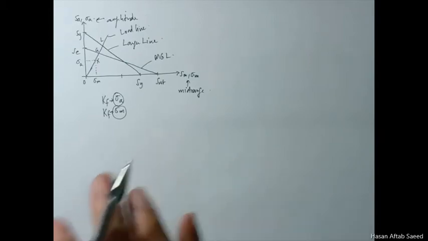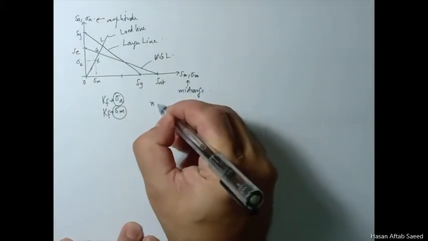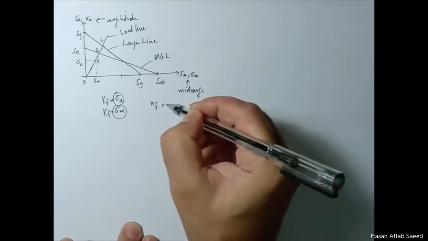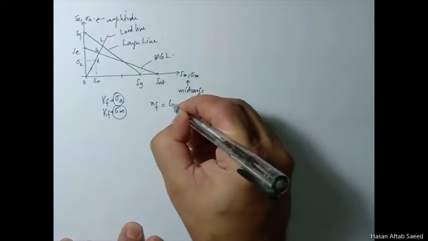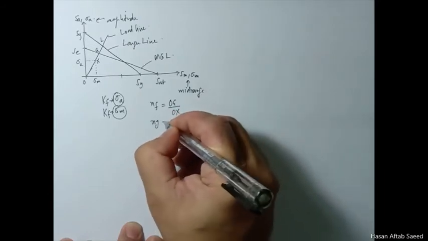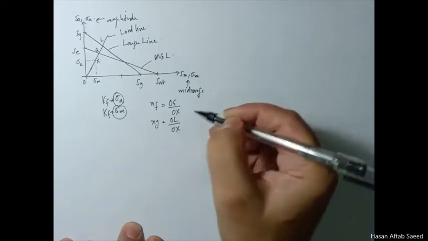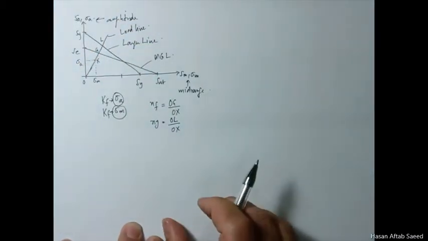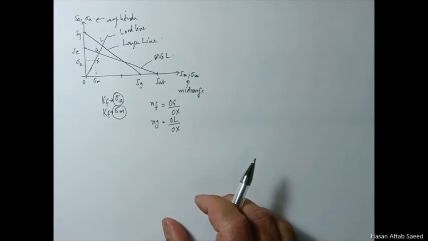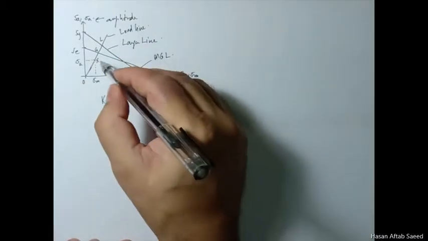Now graphically, if we were to do this, we would easily be able to calculate our fatigue factor of safety as OG over OX and our yield factor of safety as OL over OX. Now obviously in this region your fatigue should dominate, because the fatigue factor of safety is less.